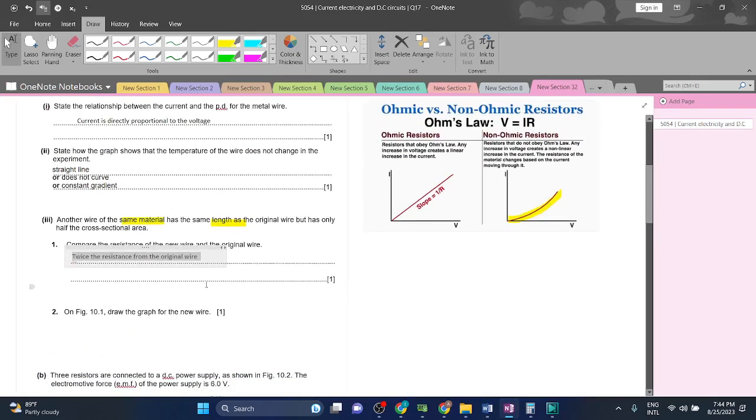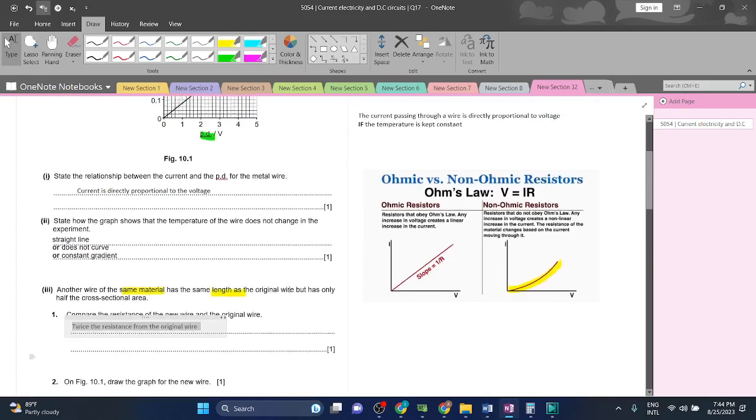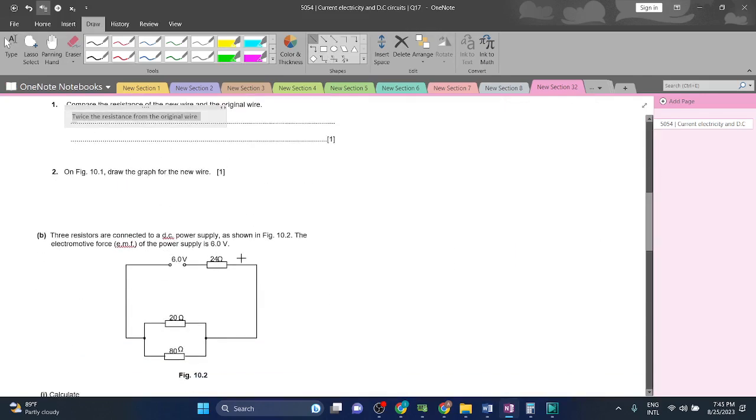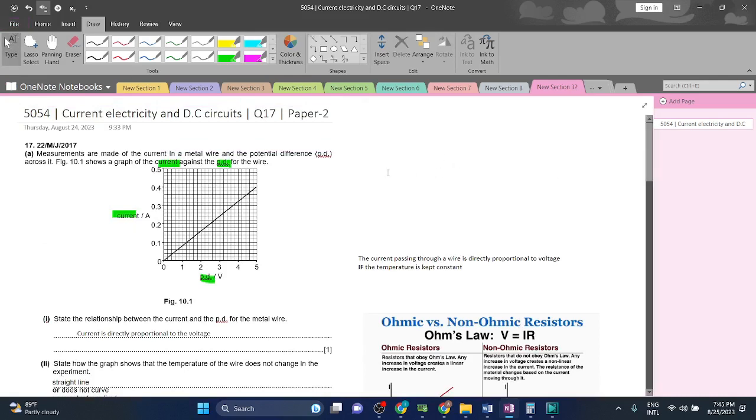On figure 10.1 draw the graph for the new wire. The new wire has twice the resistance of the original wire. And when the resistance is higher, what happens to the current? The current is lower. When the resistance doubles, the current will halve, and when the current halves, the gradient will also be half. Since we know that when resistance increases the current decreases, the gradient will be half of what it is now.